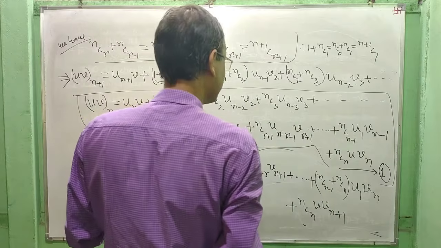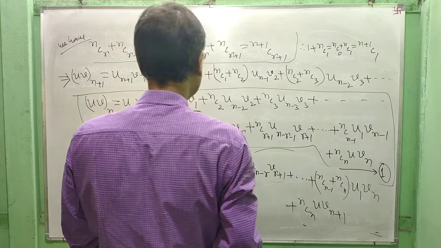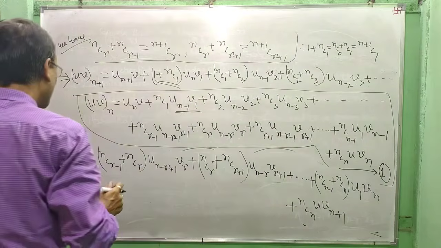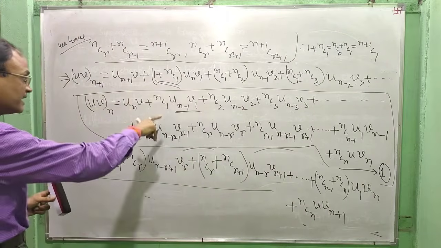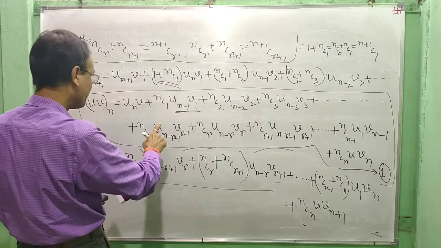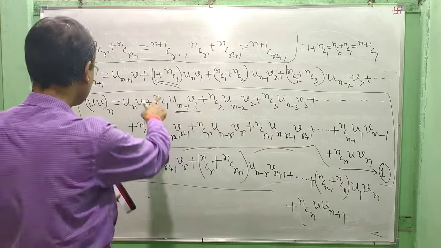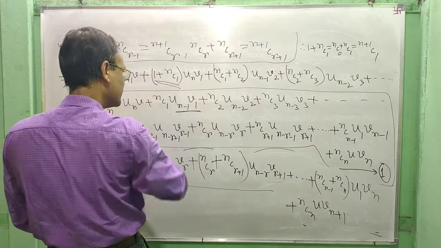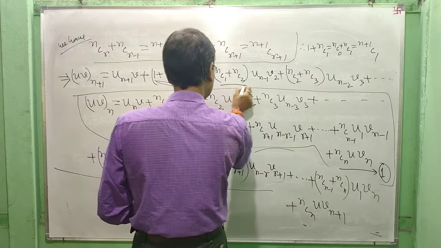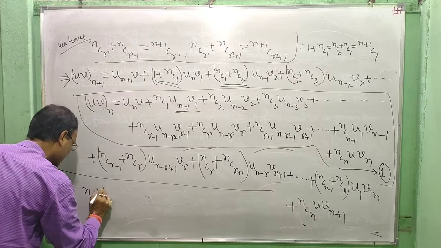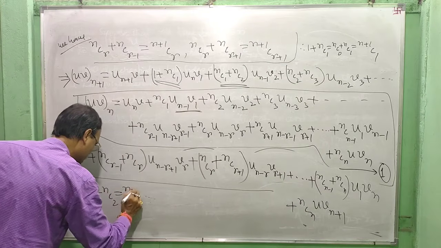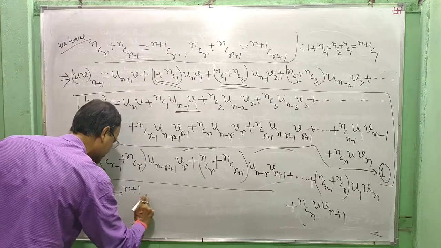This gives N plus 1 C1. Next, NC1 plus NC2 is equal to N plus 1 C2.